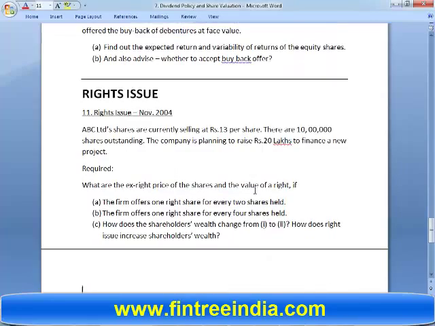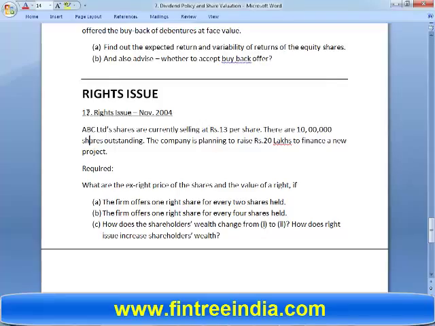Next one, question 12. Rights issue. ABC Limited shares are currently selling at rupees 13 per share. There are 10 lakh shares outstanding.